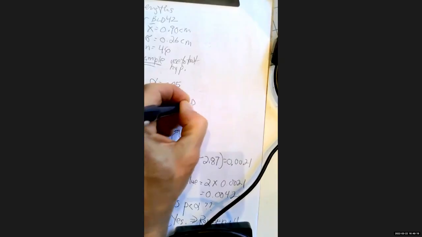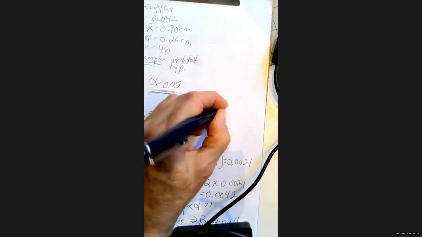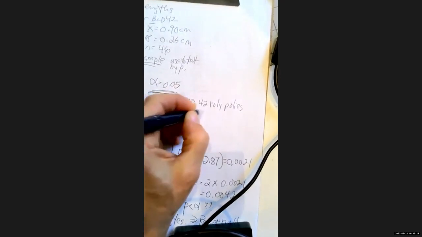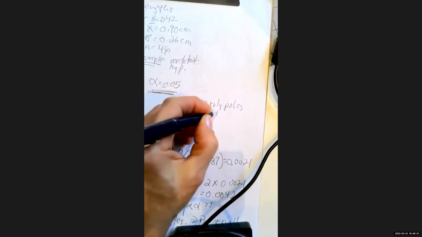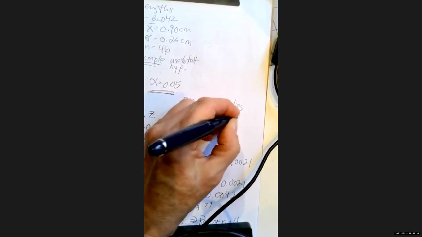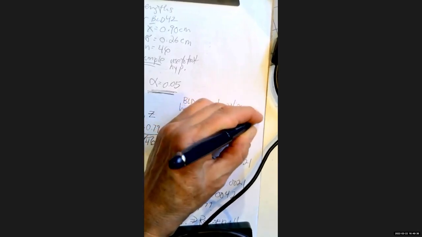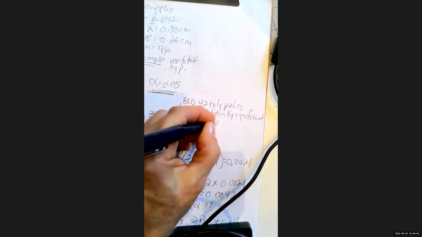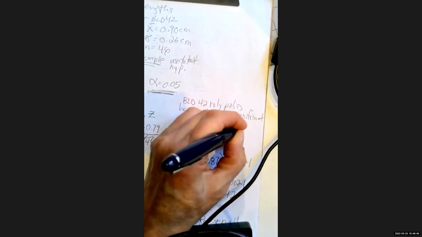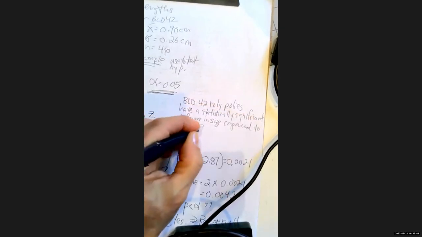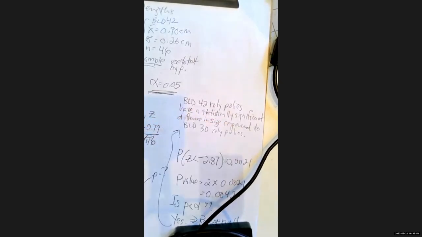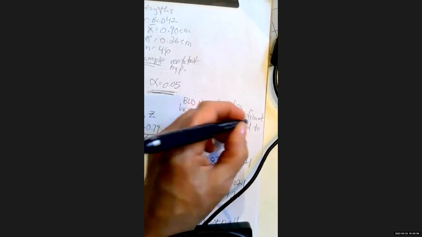So building 42 roly-polies have a statistically significant difference in size compared to building 30 roly-polies. All right, so this whole phrase, statistically significant.